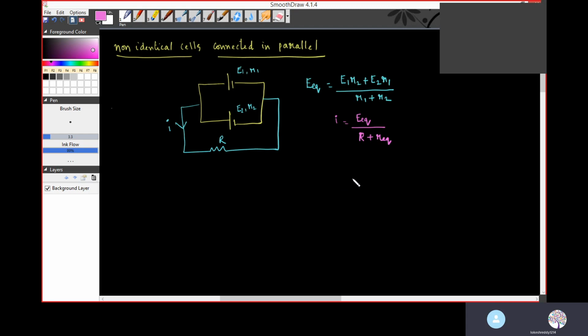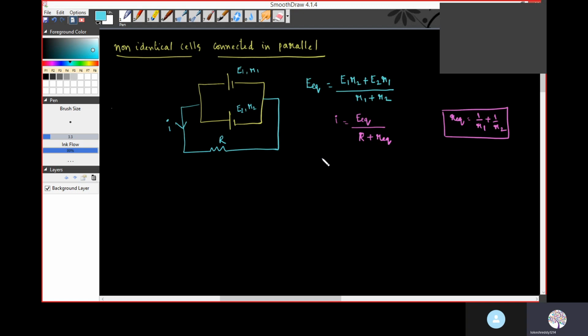Now r equivalent is given by 1 by r1 plus 1 by r2, as they are parallel. If they are in series, then r equivalent is equal to r1 plus r2.